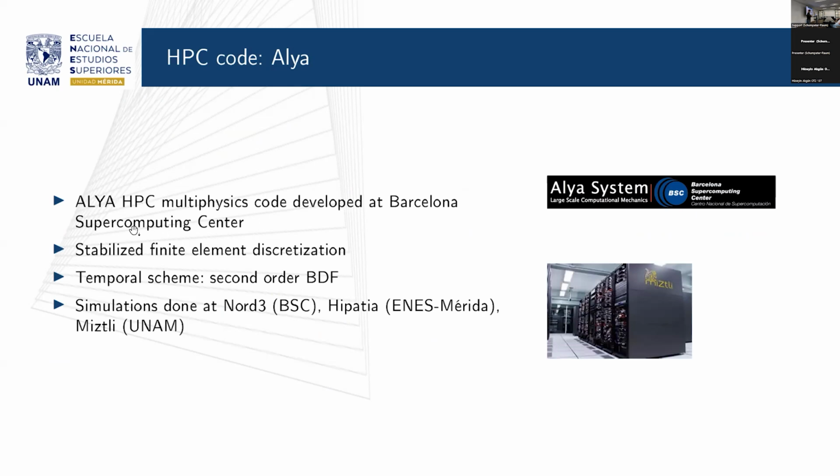I think most of you already know it, but it's a stabilized finite element discretization. I used a second order BDF temporal scheme, and the simulations were done at Nord 3, but at that time, I think it's Nord 4 now.